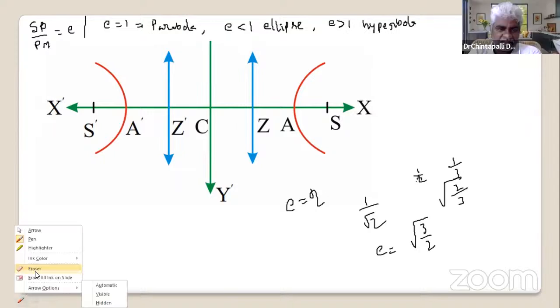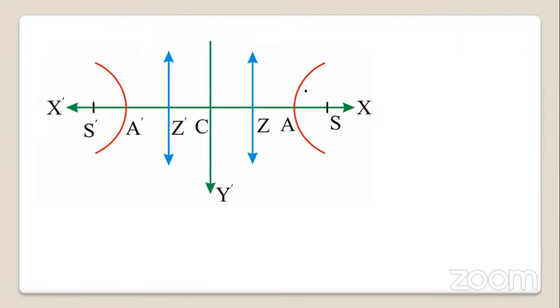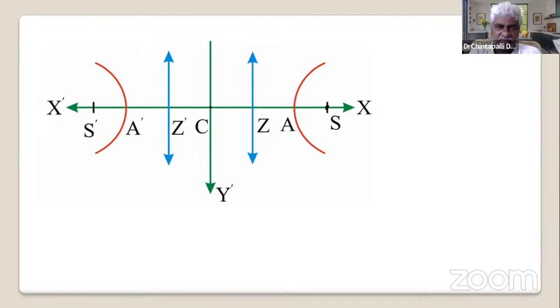Let's rewrite the points on our own. What is the standard equation of a hyperbola?